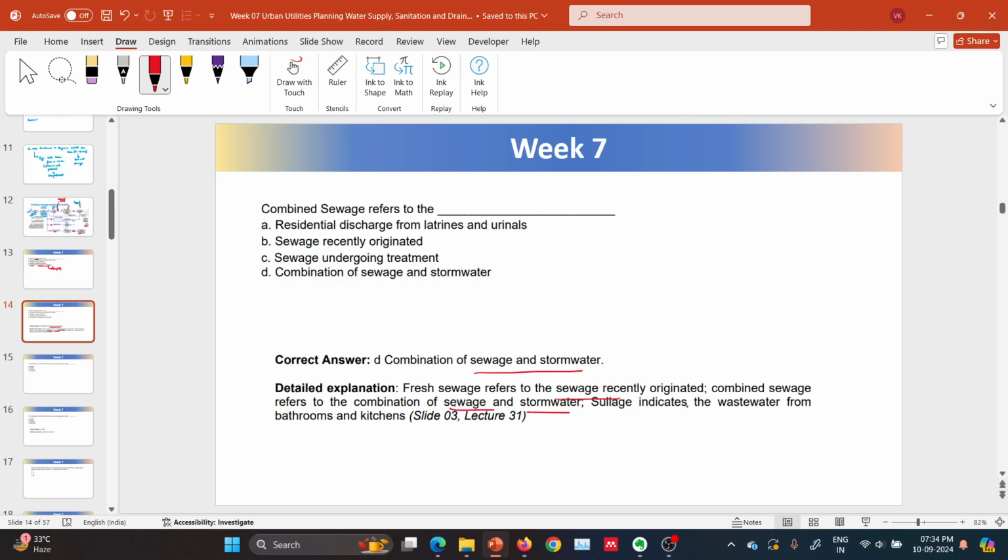Sludge indicates the wastewater from bathrooms and kitchens. Sludge will not contain waste from toilets.